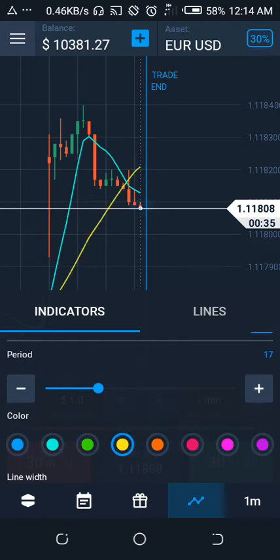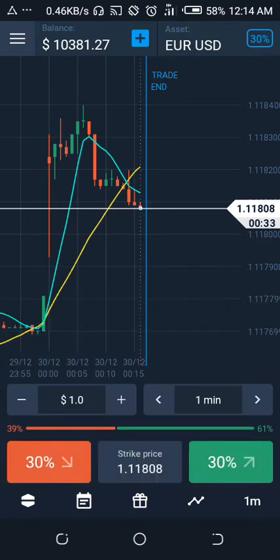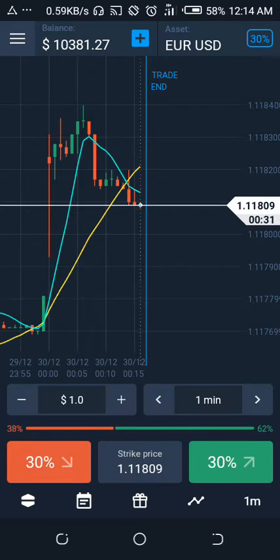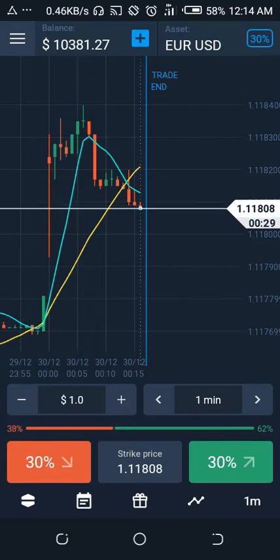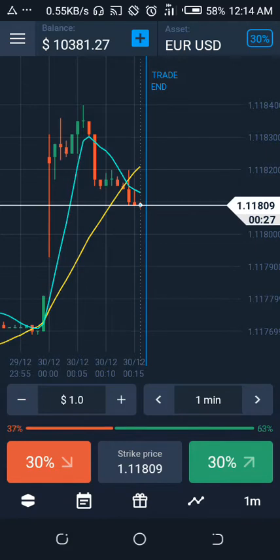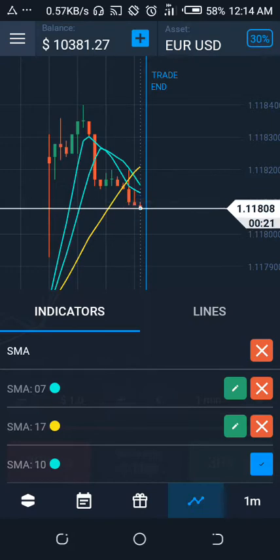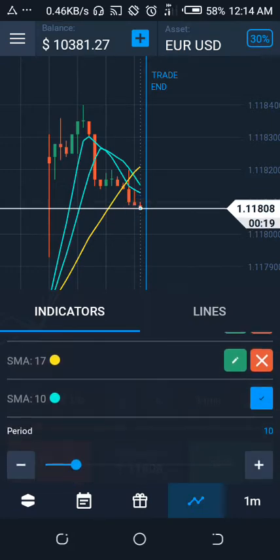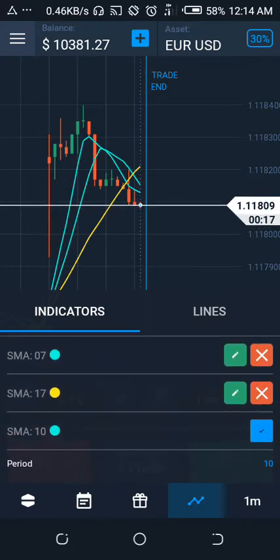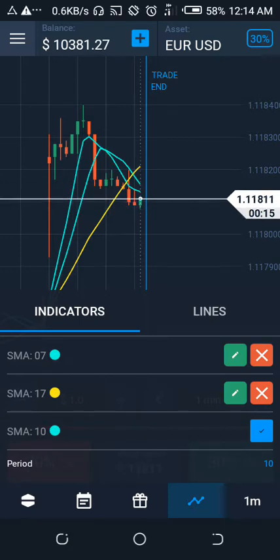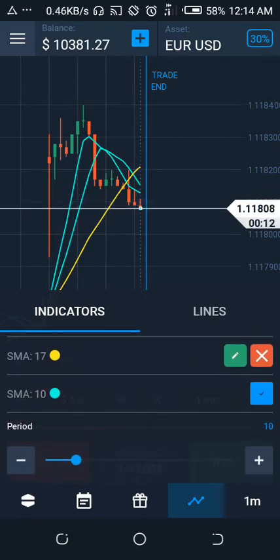As I'm doing it, the line is changing. The line is called SMA. Now the third SMA, go there again, click on SMA again to create another SMA line. Now you set this one to 25 and you put color red.